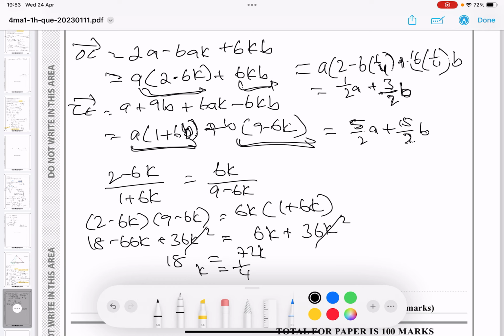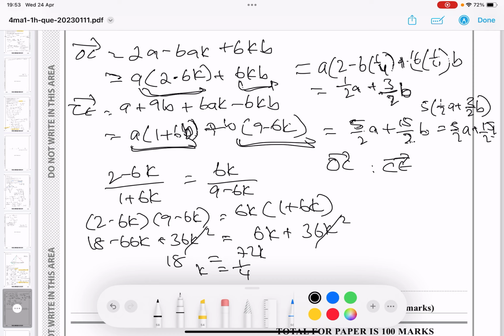So we've worked out OC and CE, and we can see that CE is 5 times OC, because 5 multiplied by half a plus 3 over 2b will give you 5 over 2a plus 15 over 2b.